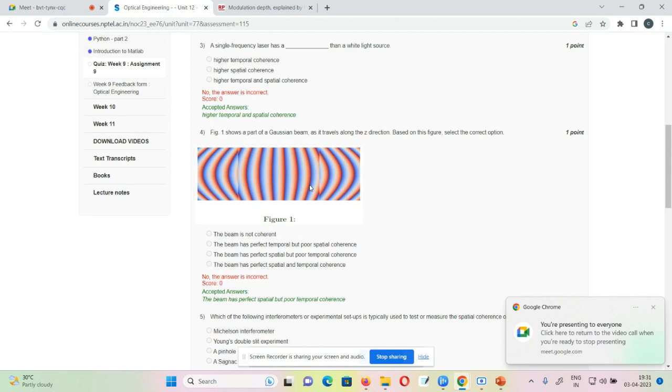What is the coherence information of this Gaussian beam? Can you people tell? What is the coherence information of this particular laser beam? Anybody can tell?